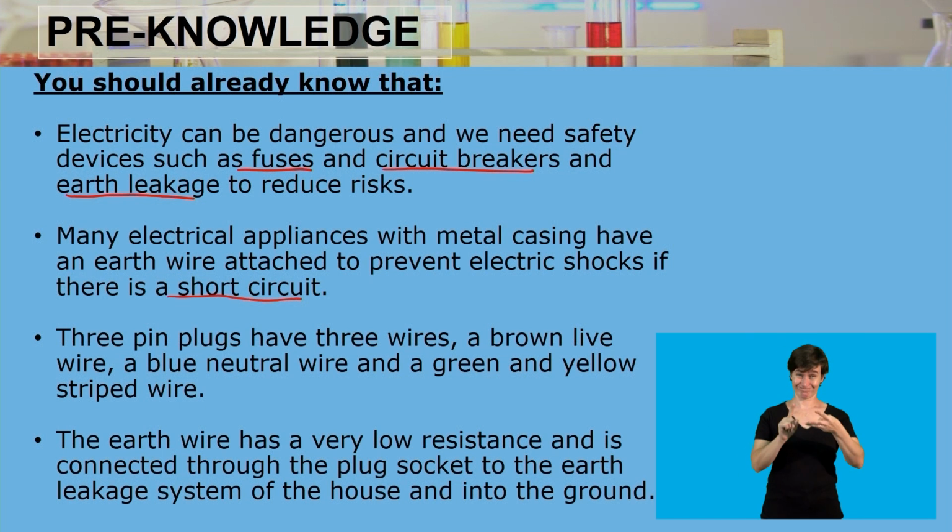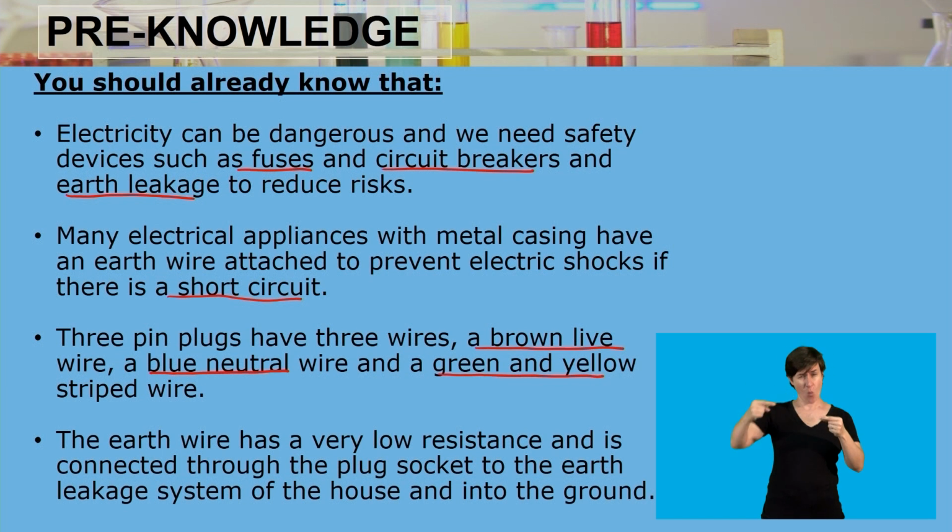Number three, 3-pin plugs have 3 wires. They have a brown live wire, a blue neutral wire, and lastly, a green and yellow striped wire, which is the earth wire.